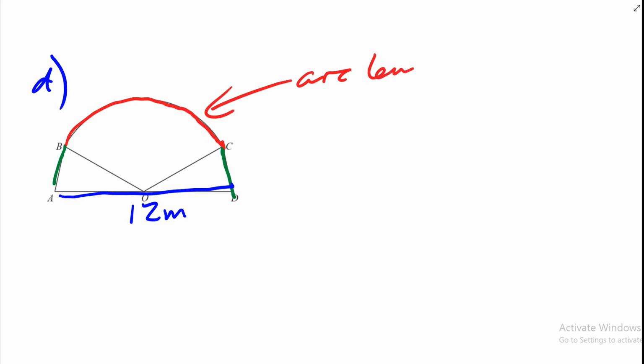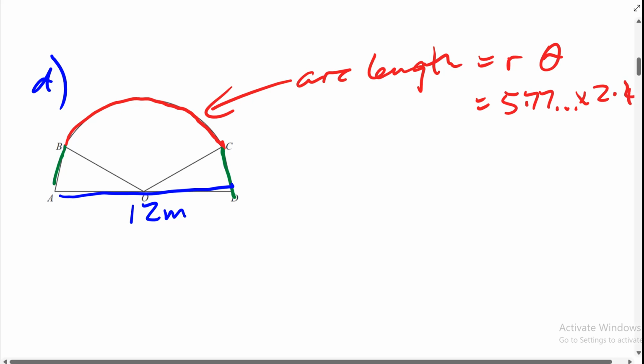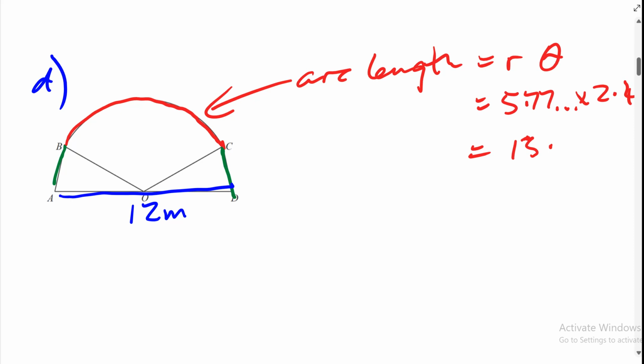So that arc length is r theta, which is 5.77 times by 2.4, which is 13.856.